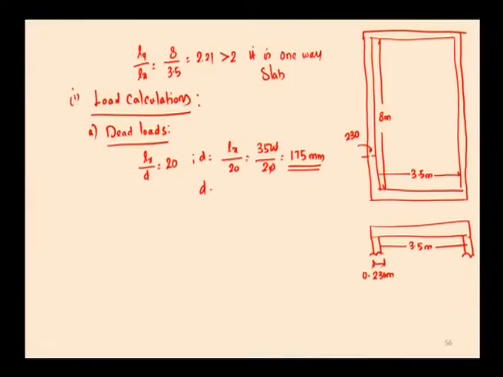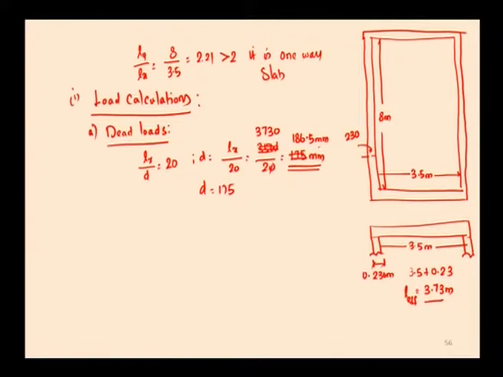So, we need to use a thickness of slab for calculating self weight of more than 175 mm. But, sorry, Lx here is not 3500. Lx is 3.5 meter plus 0.23, that is equal to 3.73 meter, that is L effective, 3730, and d is equal to 186.5 millimeter.